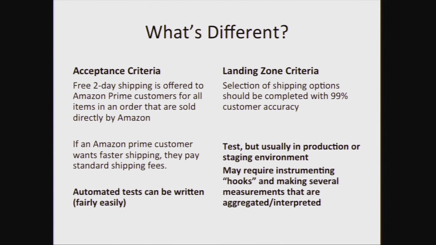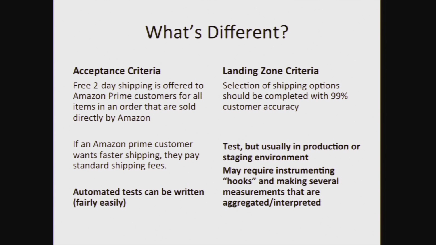On the other hand, I might have a landing zone criteria, and you have to think as an architect how you are going to instrument it to measure these sorts of things. This is a usability criteria: people should be able to select shipping options with 99% customer accuracy. So you'd have to track what they did and see whether they reversed what they did.